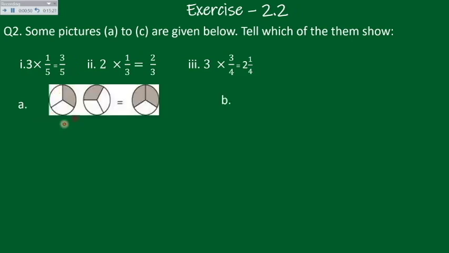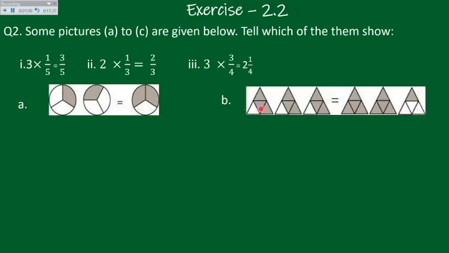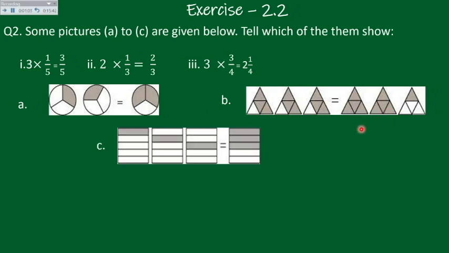Here the first figure contained 2 circles and this is the result. Second, 3 triangles and this is the result. And third is this one. So which one is denoted to which figure? So here you have to tell which figure suits these criteria.